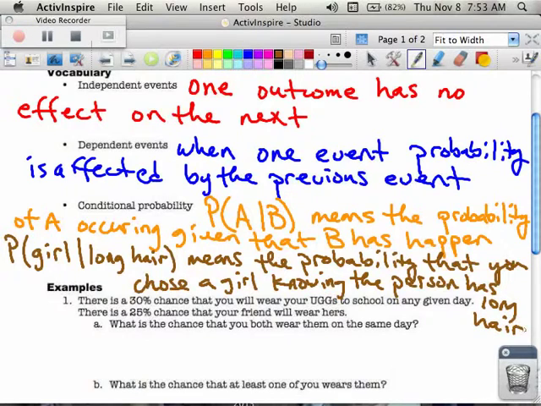This is the probability that you have a girl if you pick a person at random and they had long hair.